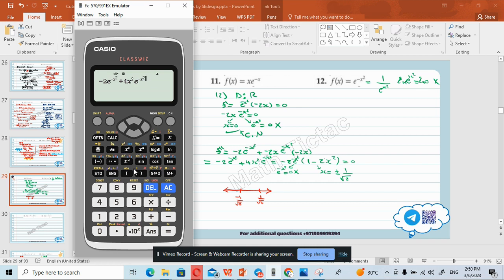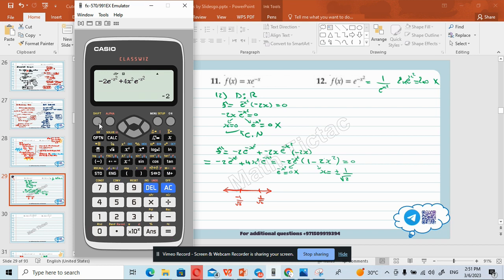Okay, so let's substitute a value less than minus 1 over square root of 2. Now for 1 over square root of 2, this is almost 0.707, something like this. So I'll substitute a value greater than 1 over square root of 2. Let's say 1. This is positive. Let's substitute a value between them, at 0.